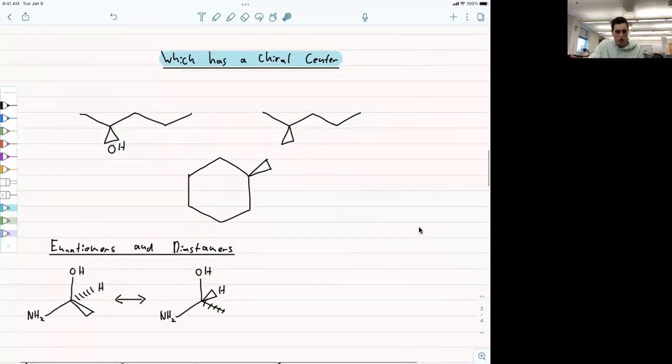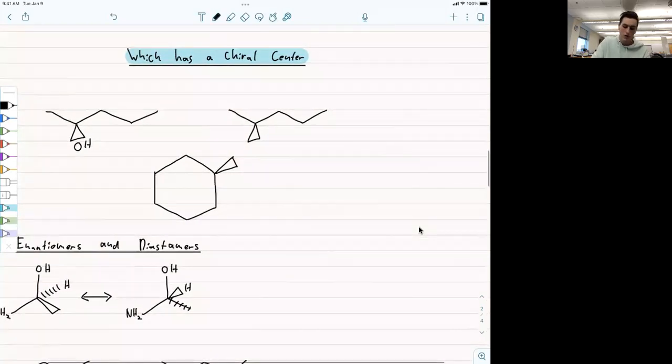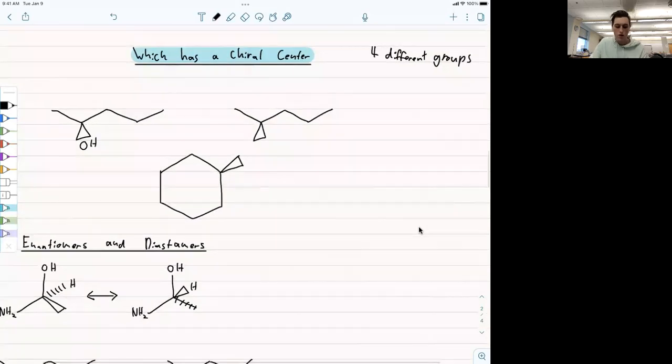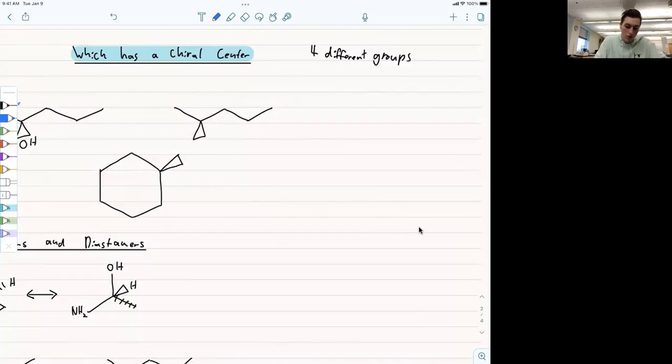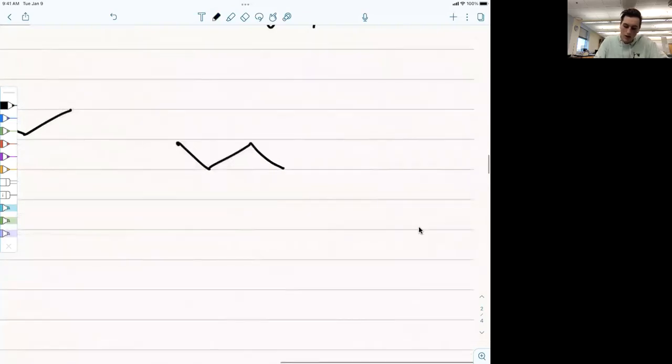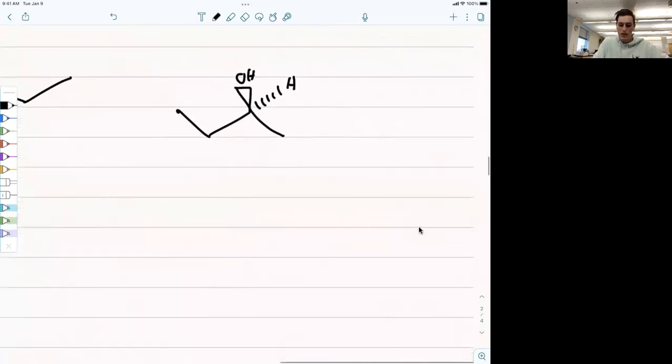But so now we're looking for chiral centers. So a chiral center is going to be something that has 4 different groups attached to it. So if I'm looking at a molecule that looks like this, and then I see an OH here and a hydrogen, I'm going to look at what are my 4 groups attached on this carbon.